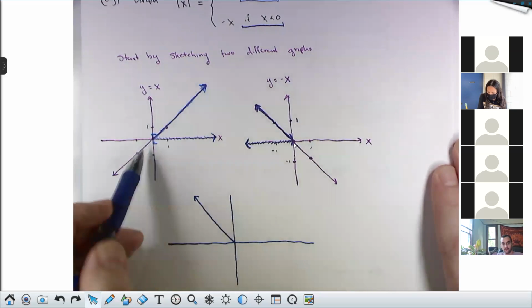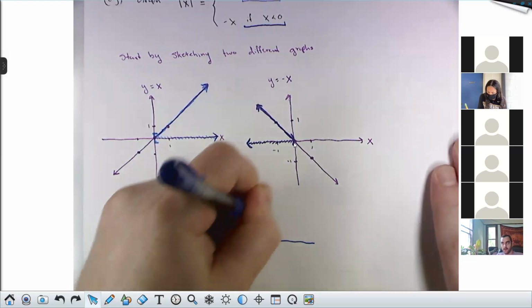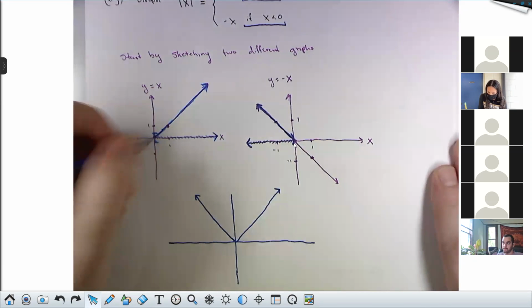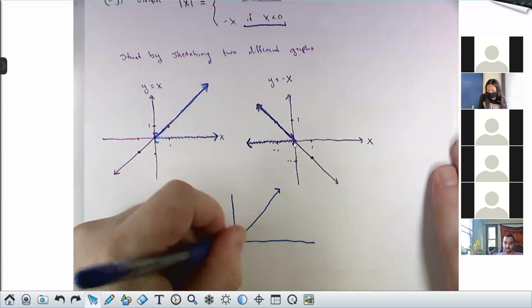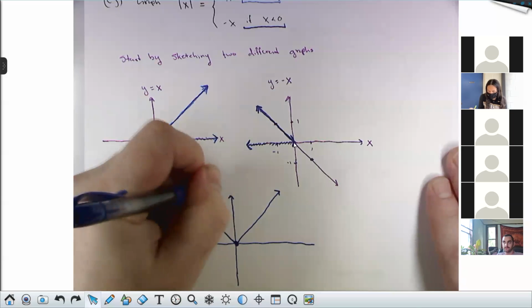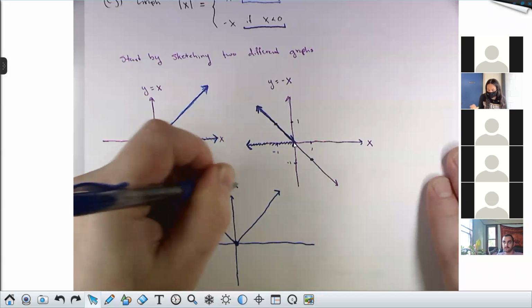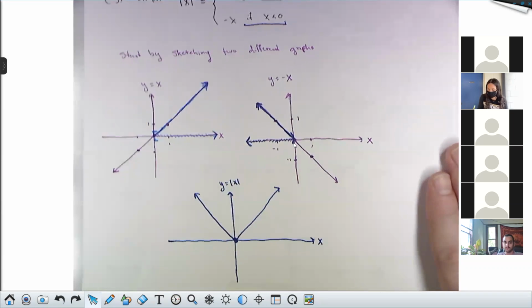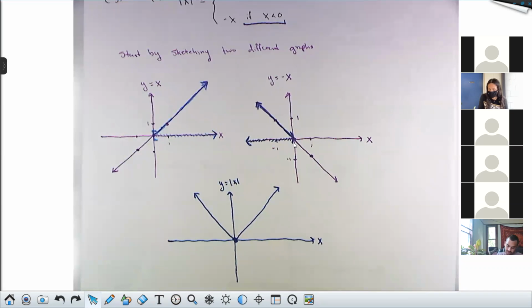Now from the y equals +x graph, I take just that part. Technically, the point at the origin is coming from the y equals +x graph, but it really could come from either since they both go through the origin. So this is the graph of the absolute value function, which you've probably seen before. But that's how you graph piecewise functions in general.